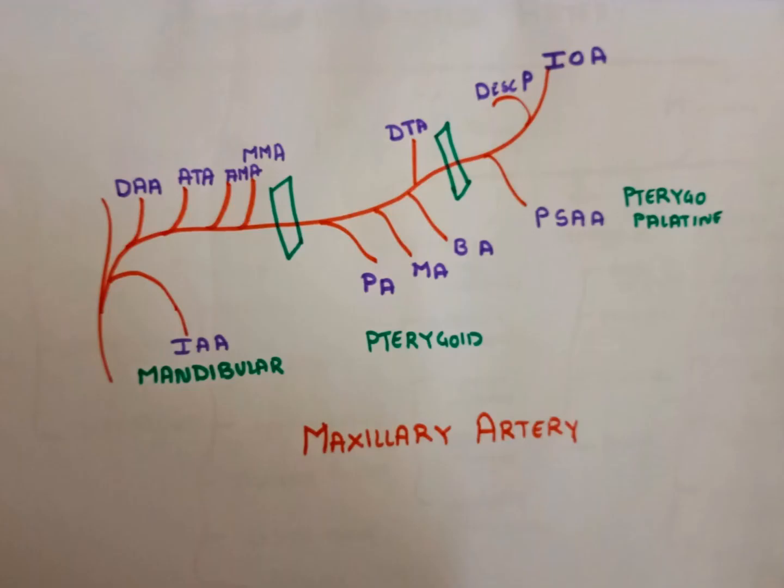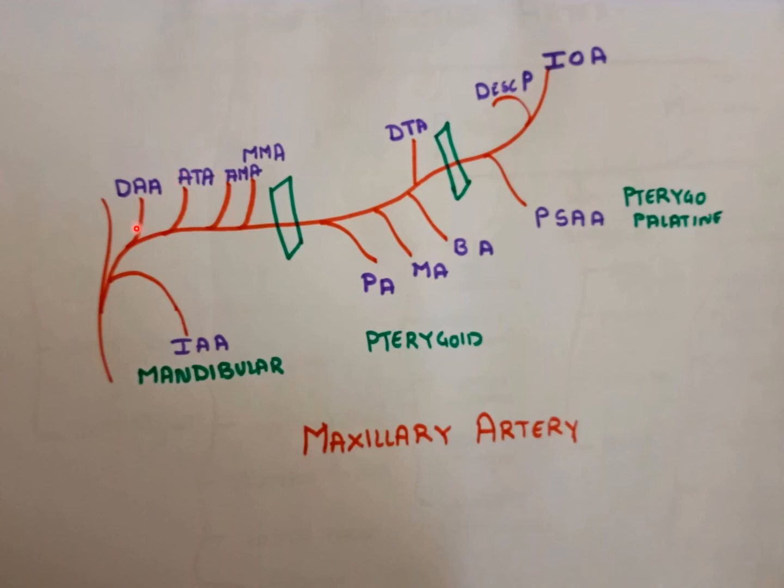So now let us look into the maxillary artery. The maxillary artery has three major parts: the first or mandibular part, the pterygoid part and the pterygopalatine part. Each region of the maxillary artery has further sub-branches.